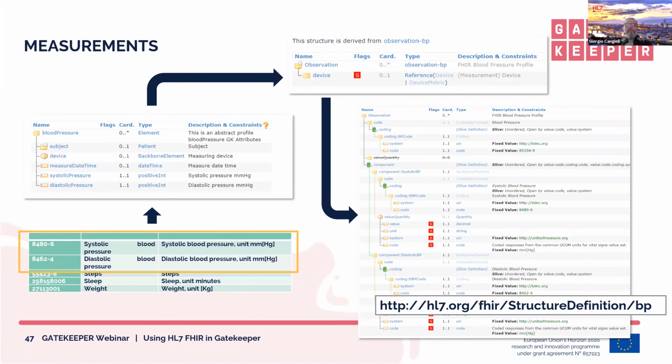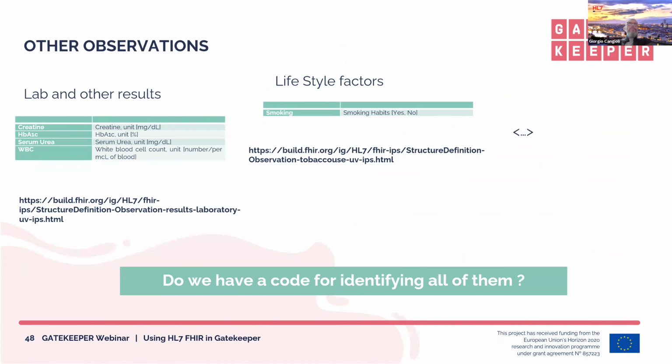observation. The point is that, as I told, observation is a very generic thing, so it will be used for lab and other kinds of results, it will be used for lifestyle factors, and it will be used for a lot of other kinds of information that we are going to exchange.